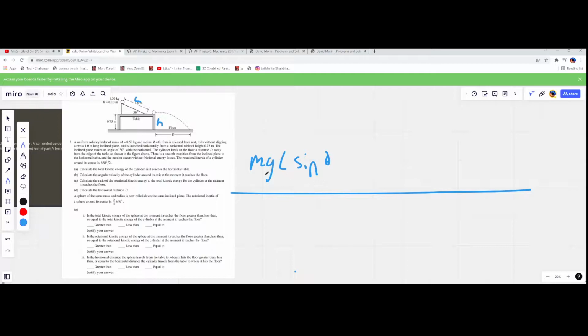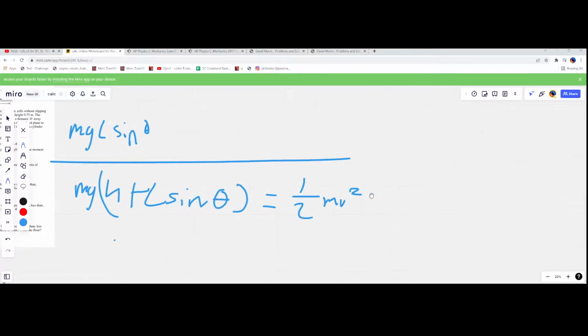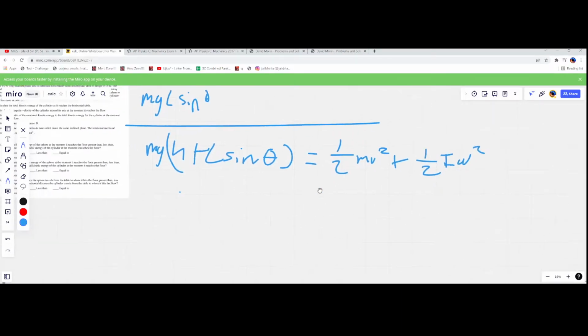Okay, so the moment it reaches the floor. So now you're going to use mg(h plus L sine theta) equal to 1/2 mv squared plus 1/2 I omega squared.